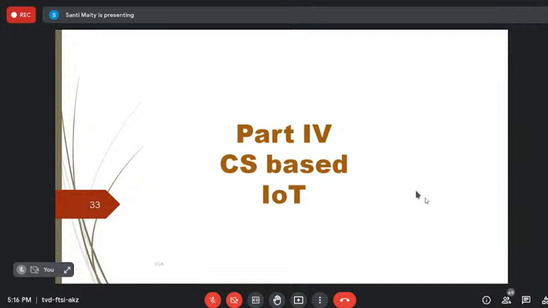So the last part of my talk is compressed sensing based IoT. The first thing I would like to say is at the architecture level. In IoT architecture there are several layers, but in my talk I only consider a three-layer architecture. One is the sensor layer, where heterogeneous sensors collect the physical data and exploit the sparsity.